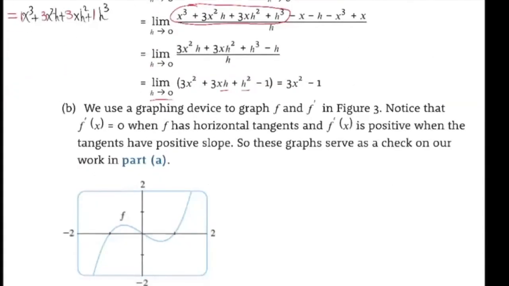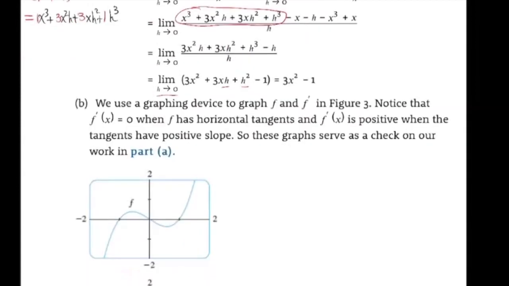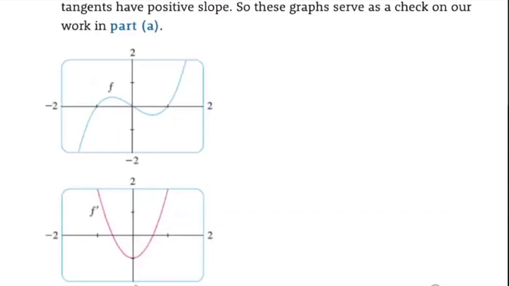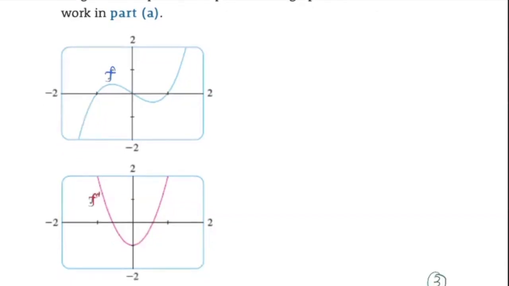Now we can use a graphing device to graph both the function f and f prime. So we can use a graphing calculator. So we graph this function f, and this is the function f prime. Okay. So you can see that they're related.